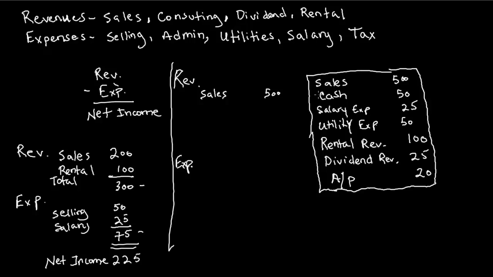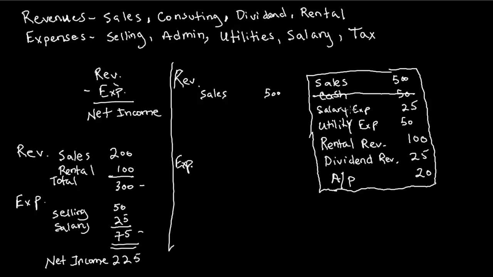No. Cash belongs in the balance sheet. And if you just look at the video for the balance sheet to get a better idea of how cash works. But cash does not belong in an income statement because cash is just cash sitting in the bank. It's not a part of your sales. So we're not going to include it.